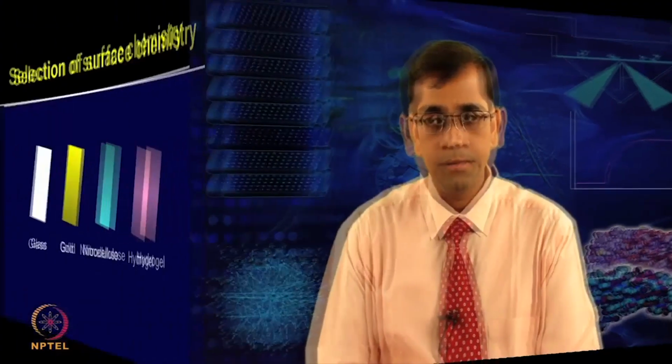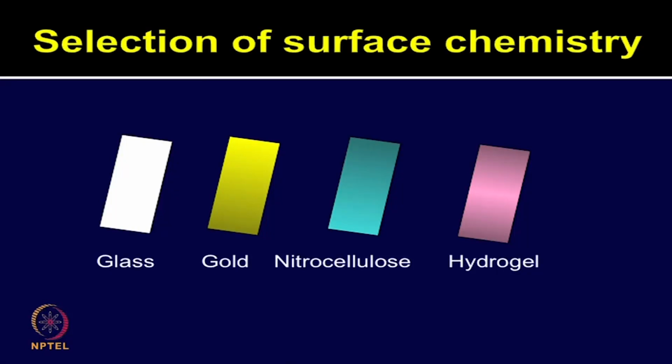After completing the DNA prep, you now need to functionalize the glass slide surface for printing purposes. One can use different types of surface, for example, glass, gold, nitrocellulose, hydrogel, etc. There are different properties that one needs to look for in selecting the surface.